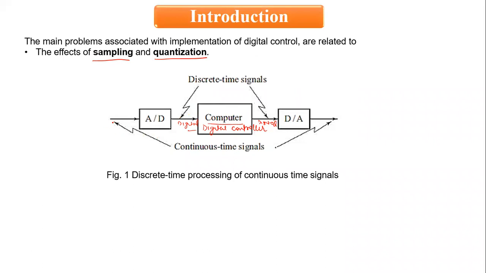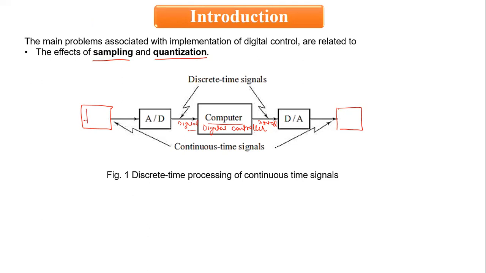But our real world does not understand digital values. The real time process or real time plant only understands the information in analog form. So we need to provide this information to the real time plant in analog form.